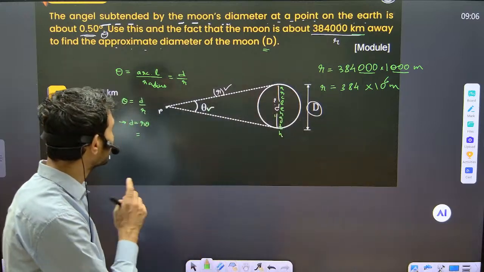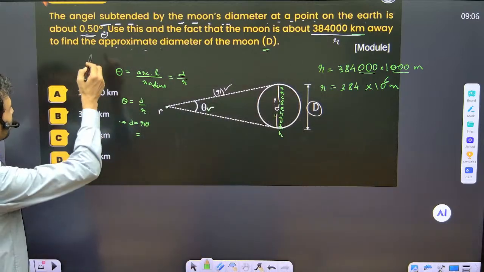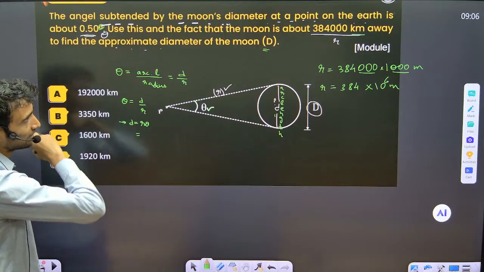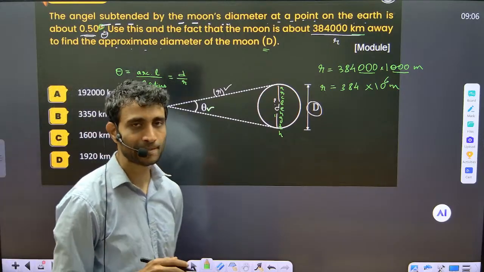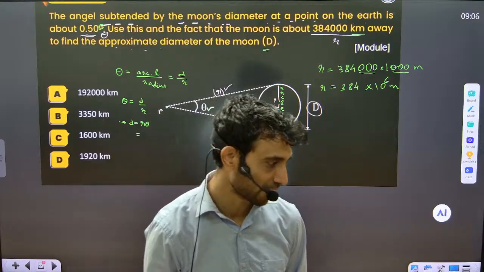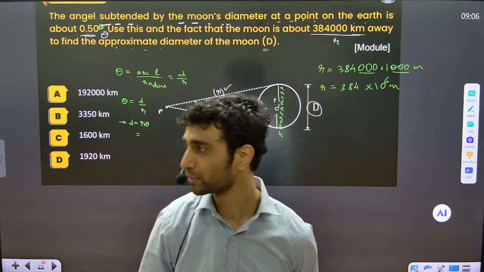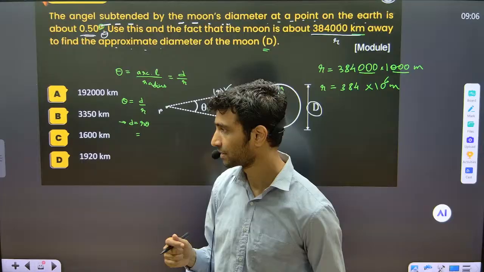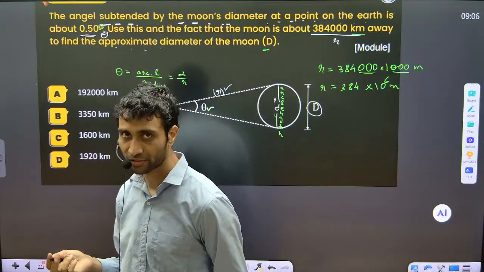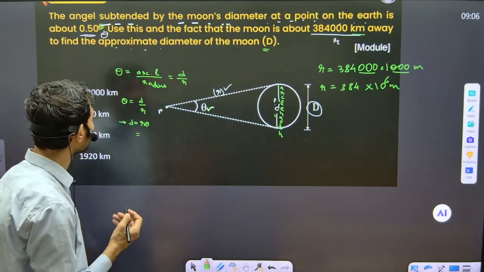But the problem of theta is still not solved because theta is still given in degrees. That needs to be converted into the standard angle, which, as we have been doing, is radians. So let's convert it into radians.